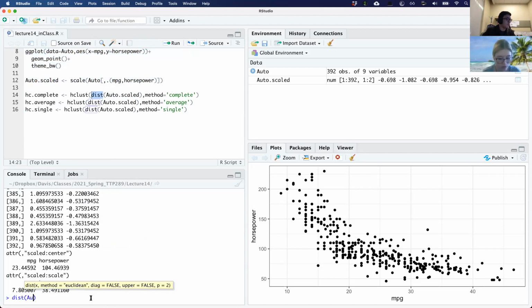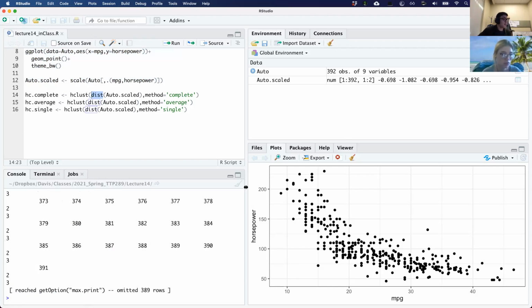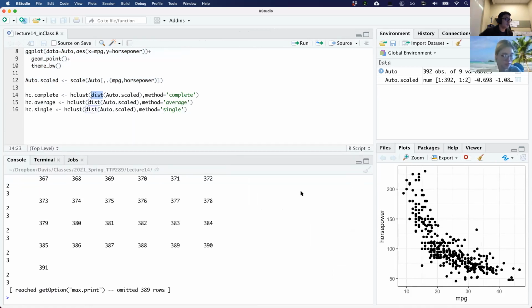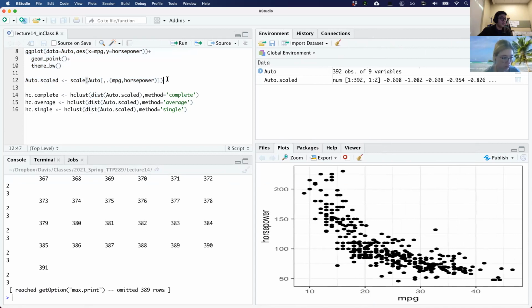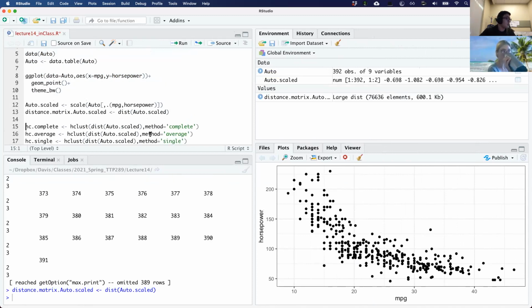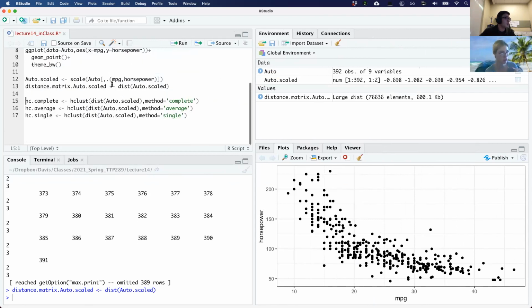We can see what this looks like. I'm going to see if I can save this explicitly, and then we'll just replace that just so it's extra clear.